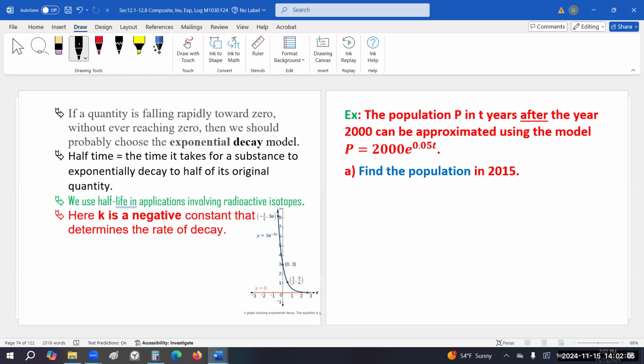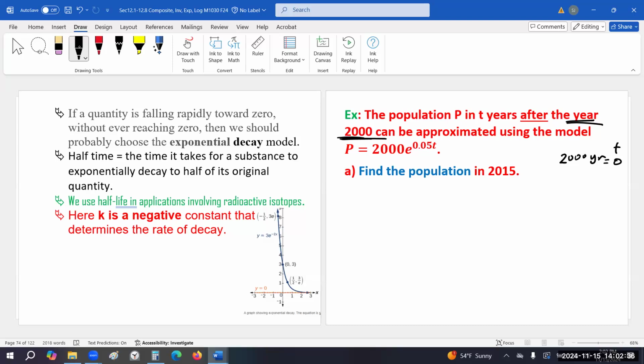The formula is for years after 2000. Exactly in the year 2000, what was our t? It's 0, because it says after 2000.